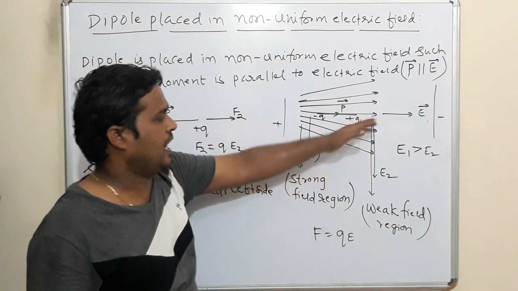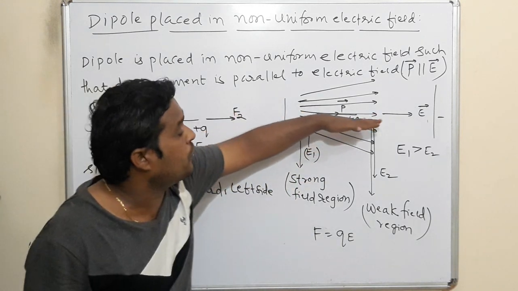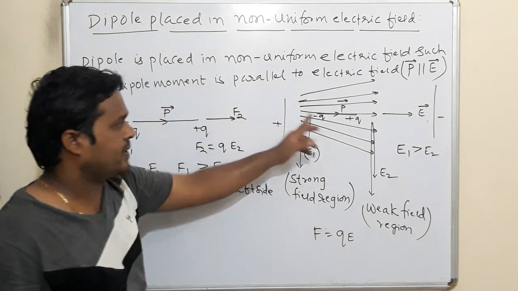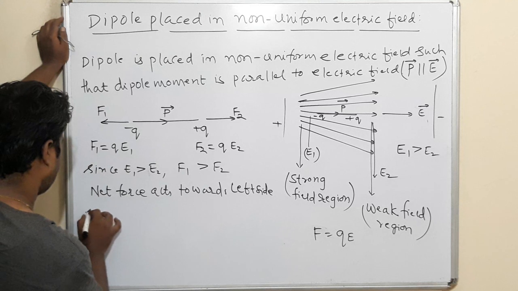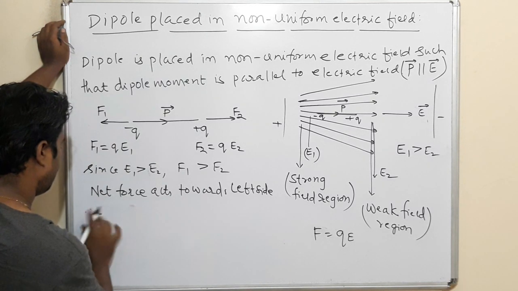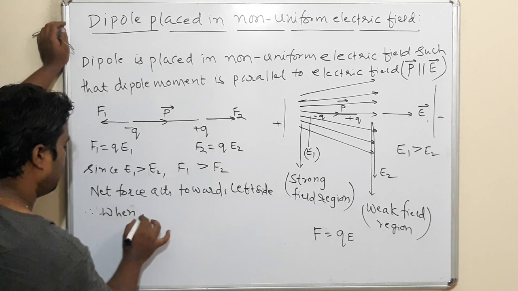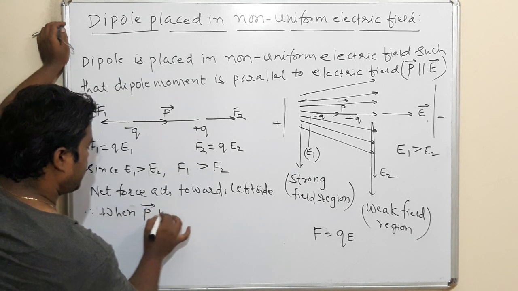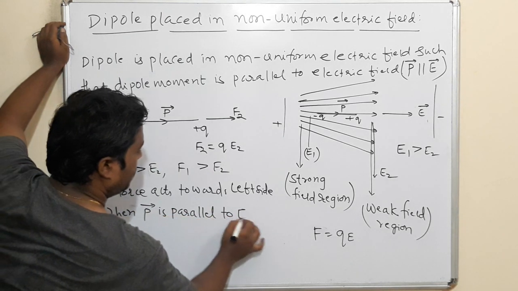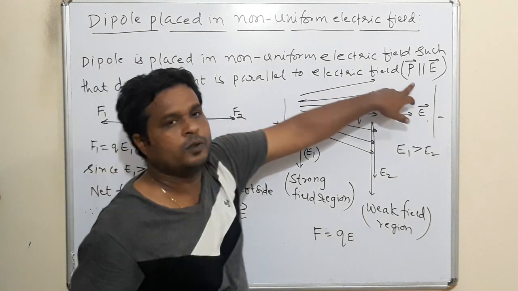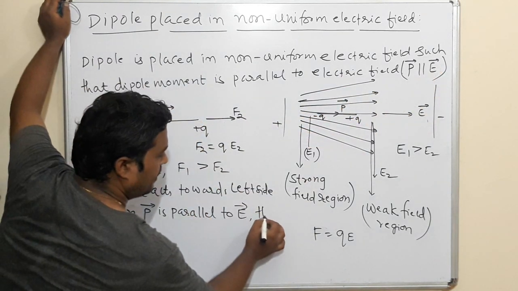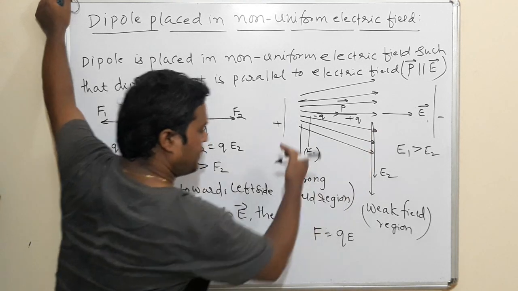What I mean is, if the dipole moves in this direction, is it moving towards the weak field region or the strong field region? It is moving towards the strong field region. Therefore, when P is parallel to E, which is what I considered here, the net force will act towards the left.